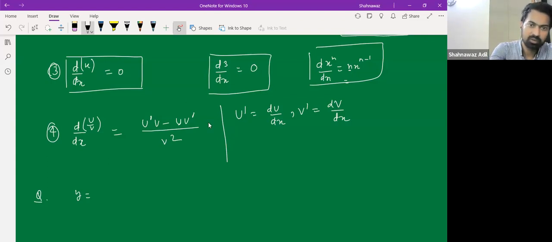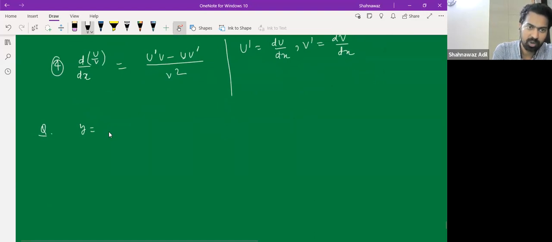So let me do this problem, that y is let's say 3x square plus 2 divided by 2x plus 6x cubed plus 5, and let us simplify this.